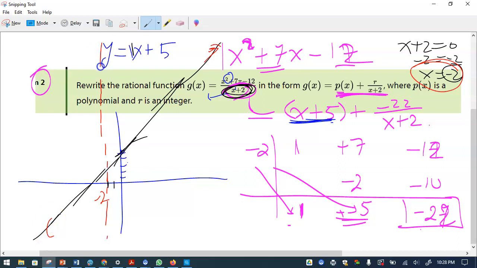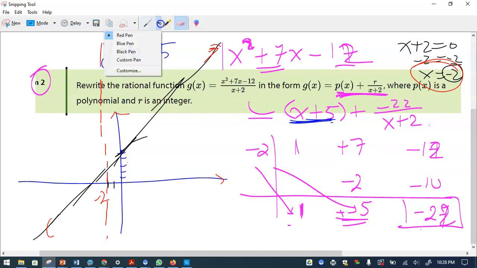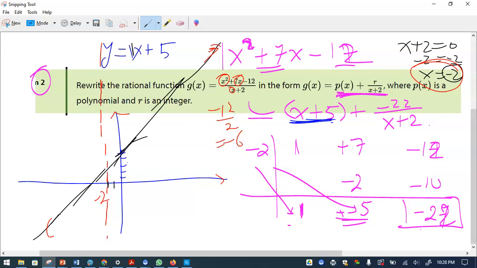So how the graph will look is this. If you put x equals 0 here, what you get is minus 12 over 2, which is minus 6. So the graph crosses at minus 6, somewhere here.